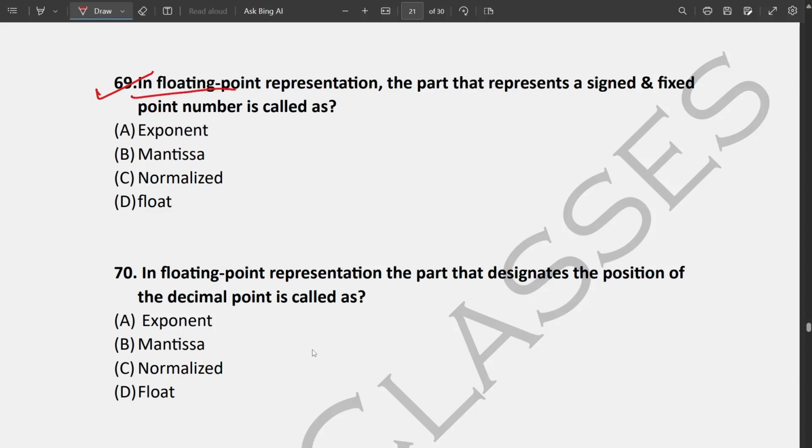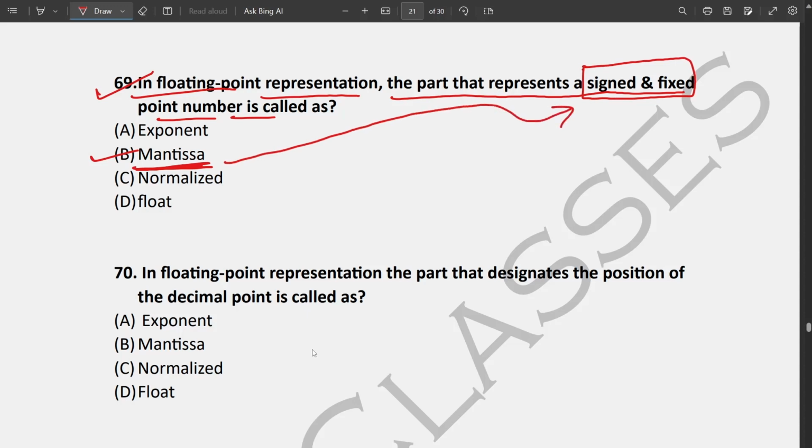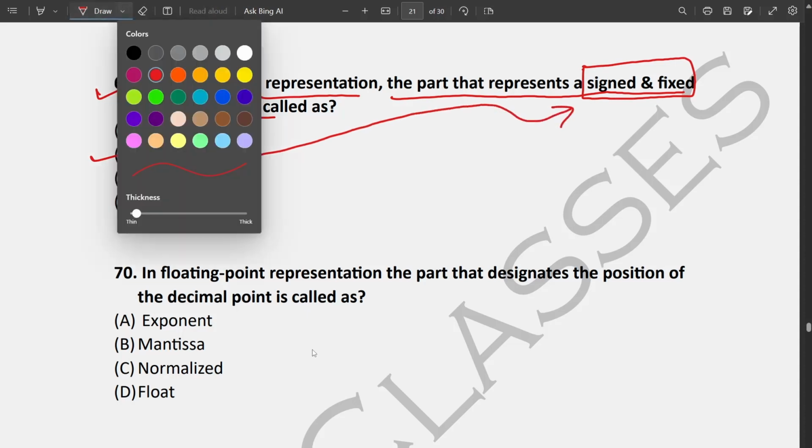Question 69. In floating point representation, the part that represents a signed, fixed point number is also called what? The answer will be mantissa. Mantissa represents the signed, fixed point number.